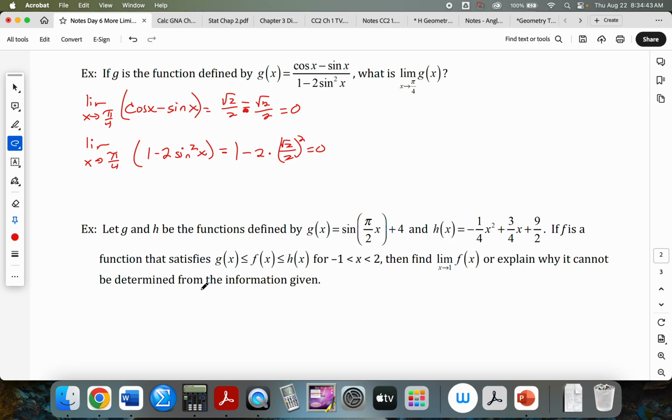Okay, so this does involve a trig identity, but it is one that you and I both know. I'm going to replace 1 with sine squared plus cosine squared. So g of x is going to be equal to cosine x minus sine x over sine squared x plus cosine squared x minus 2 sine squared x.